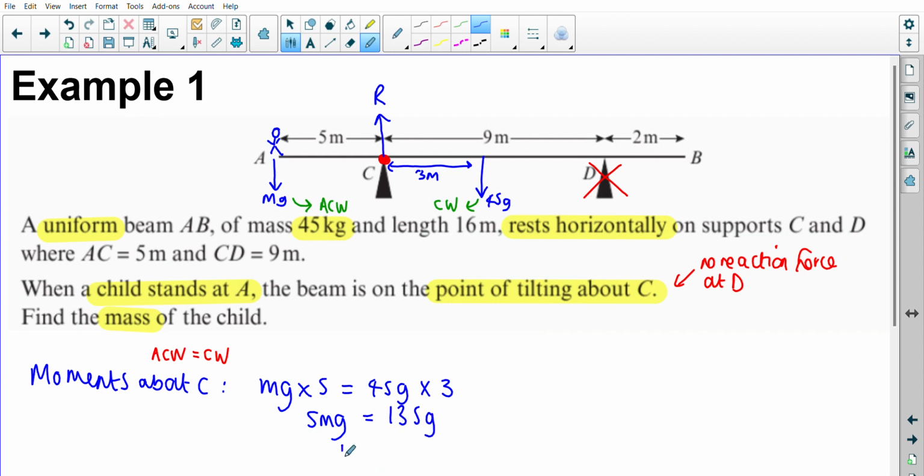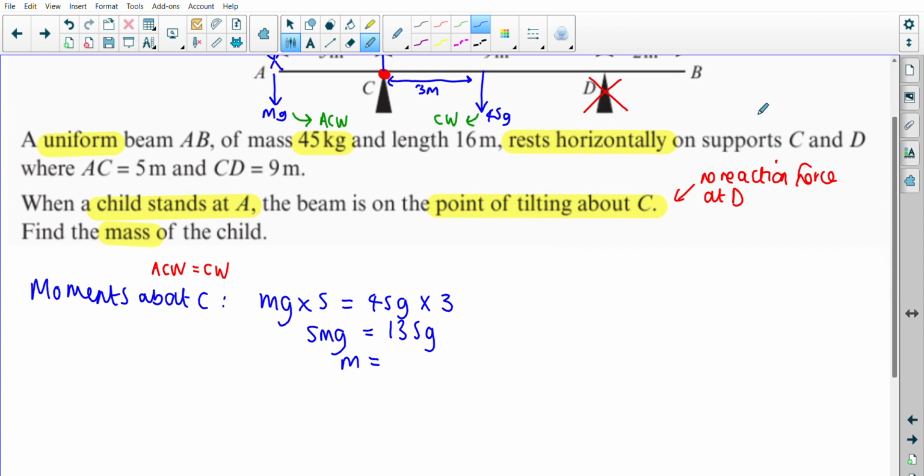If I divide by 5g, I'll get what m is. So 135g divided by 5g, m is 27. So therefore the mass of the child has to be 27 kilograms.